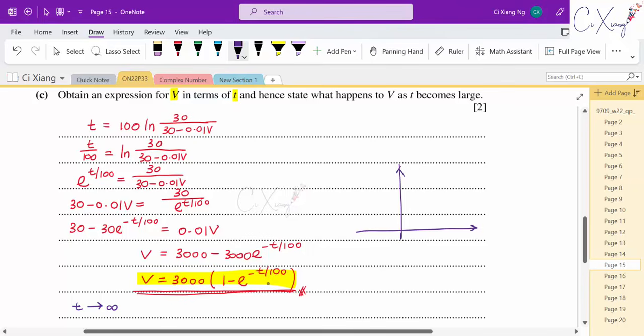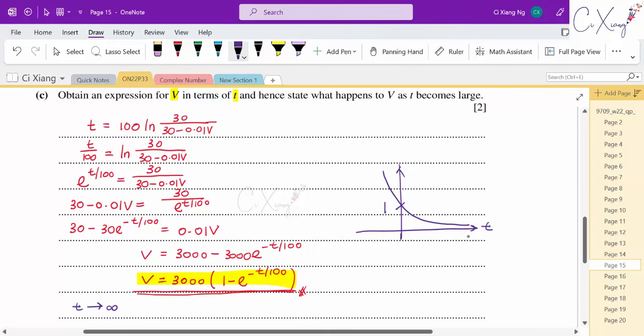We need to roughly know the diagram of e power negative t over 100. So for e power negative t, by right, we are having something like this. It will pass through the 1. And then for your information here, the graph is getting closer and closer to the x-axis when t becomes larger.